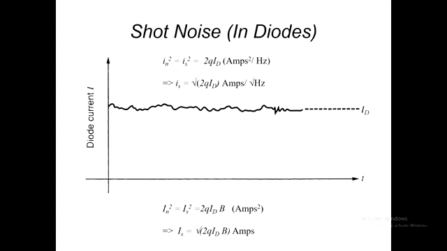I'm a little bit confused between spot noise and shot noise. What's the difference? Spot noise is just a profile, right? It's a notion of a noise, be it from shot noise, from thermal noise, and other noise processes at a specific frequency.